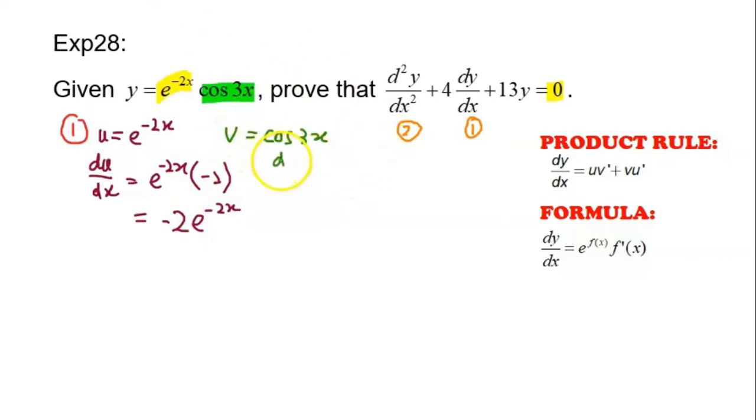Then we differentiate v with respect to x. Differentiate cos 3x equals negative sin 3x. Then differentiate the function 3x equals 3, giving negative 3 sin 3x.